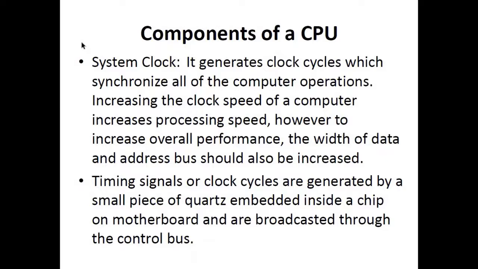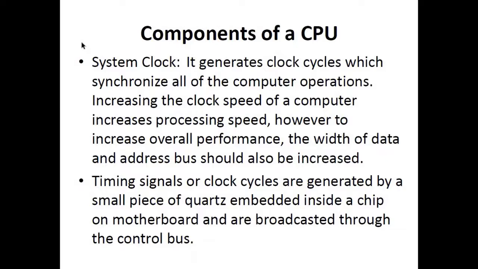It is the speciality of a quartz crystal that when an electric signal is applied to it, it vibrates. The higher quality quartz can vibrate millions of times per second. So this is what determines the speed of a processor.